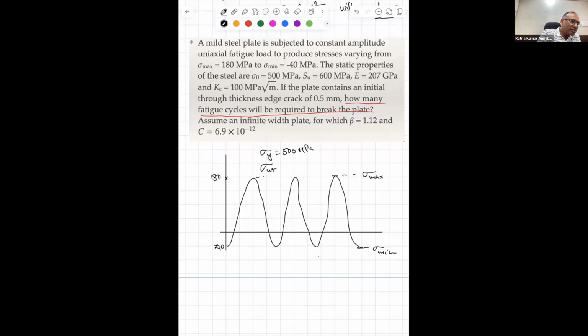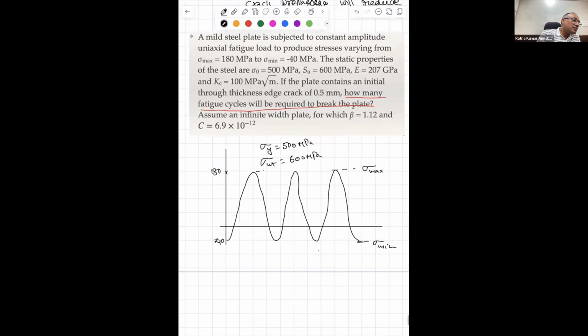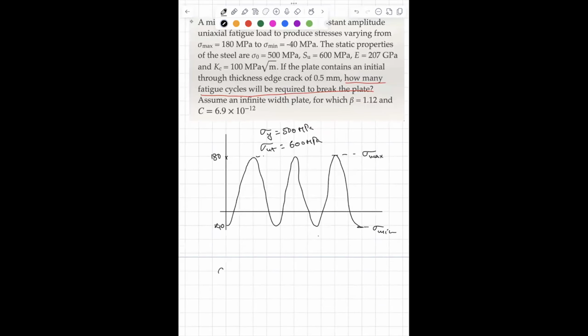Sigma UT or SUT is equal to 600 MPa. What is the initial crack length? 0.5 mm.